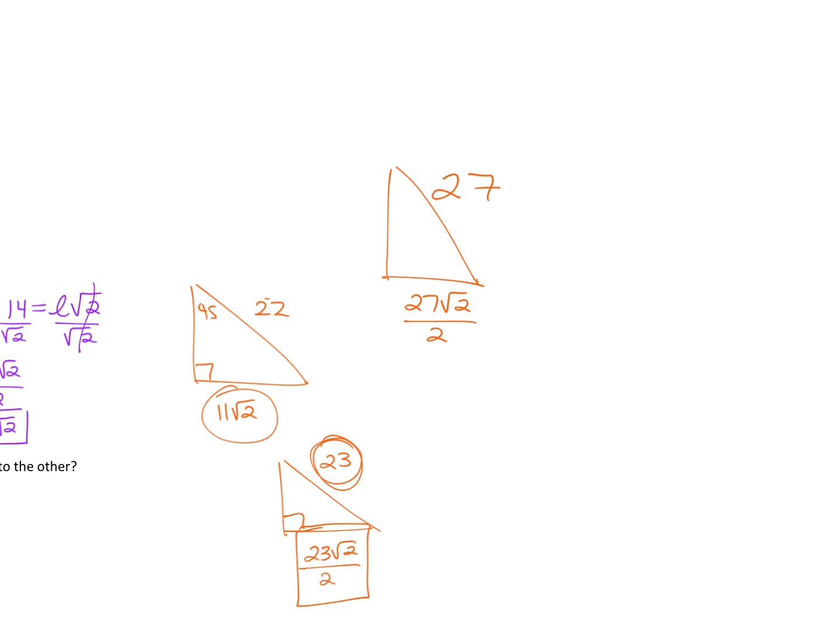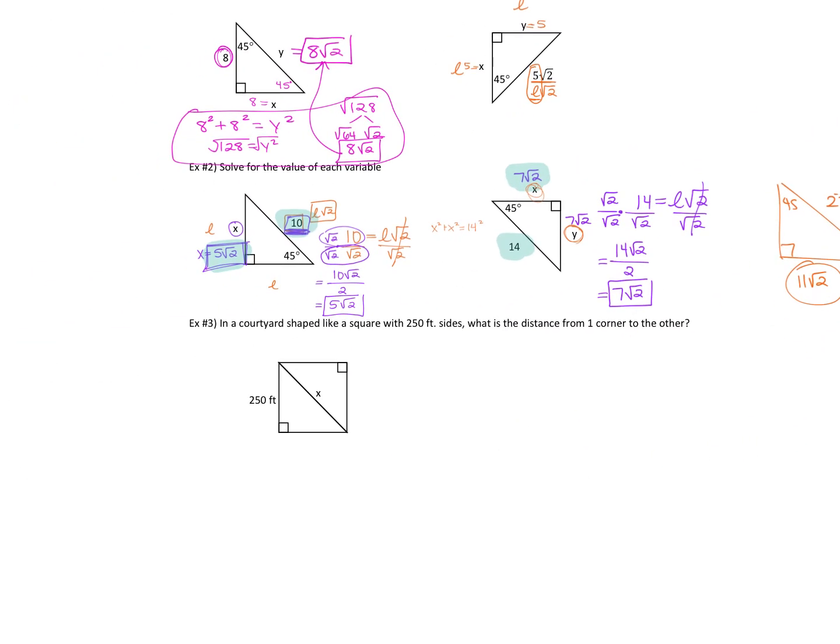It's just that if it's an even number, if it was 26, and I did that, 26 rad 2 over 2, that can simplify to 13. Okay, but you wouldn't simplify odd. You can't simplify the odd, yeah, because we don't want a decimal answer. Good on that? 45, 90s.